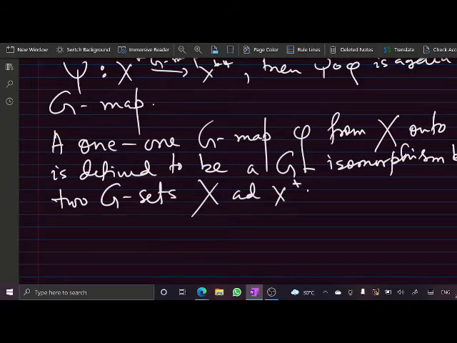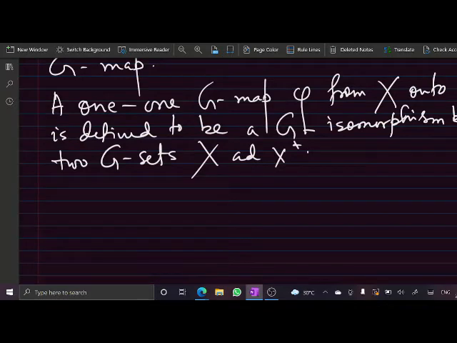And now with the help of this you can define the analogous notion of sameness between two G sets.